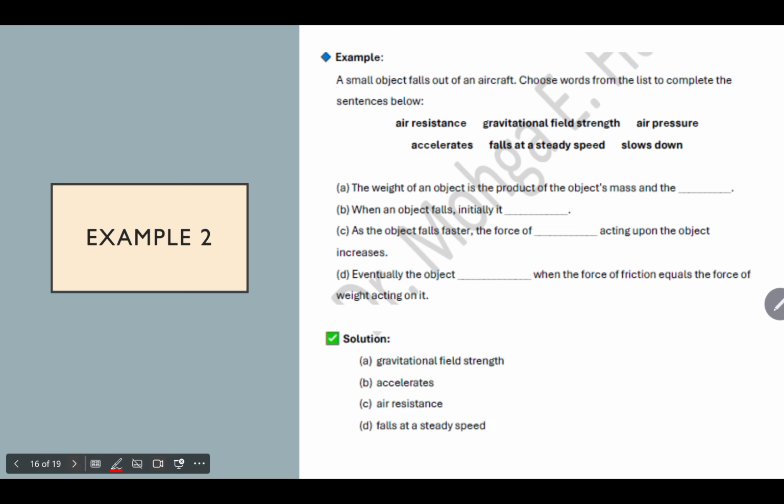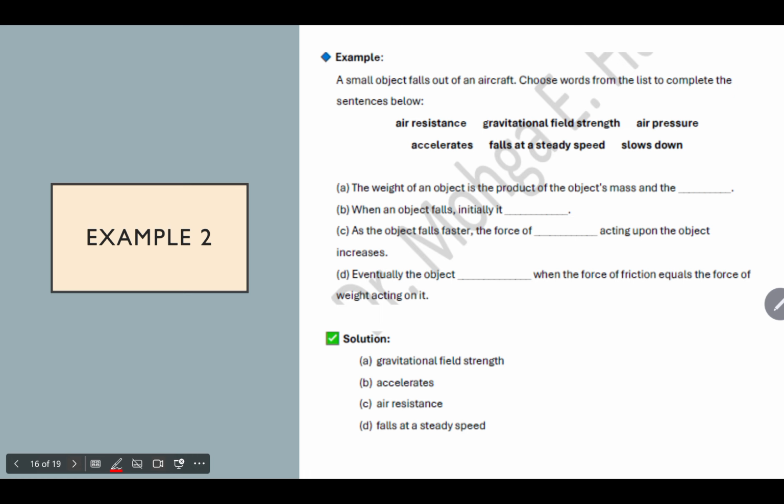When an object falls, initially it accelerates. As the object falls faster, the force of air resistance acting upon the object increases. Eventually, the object falls at a steady speed when the force of friction equals the force of weight acting on it.